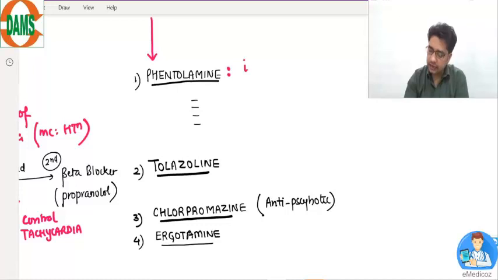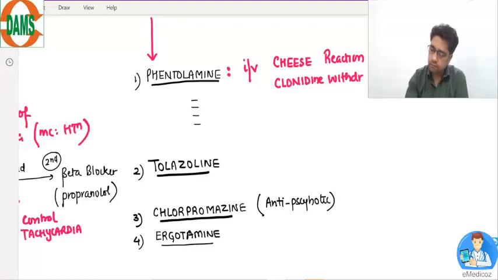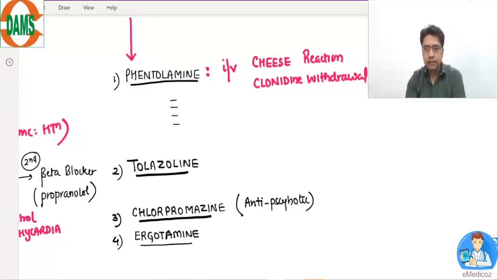Phentolamine is given IV, and it is the drug of choice for cheese reaction; I hope I have told you this part. Second, it is the drug of choice for clonidine withdrawal.